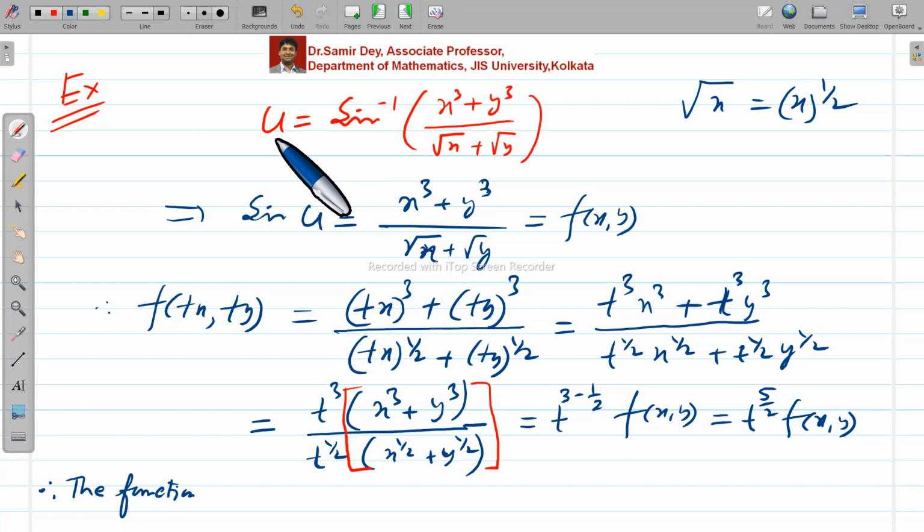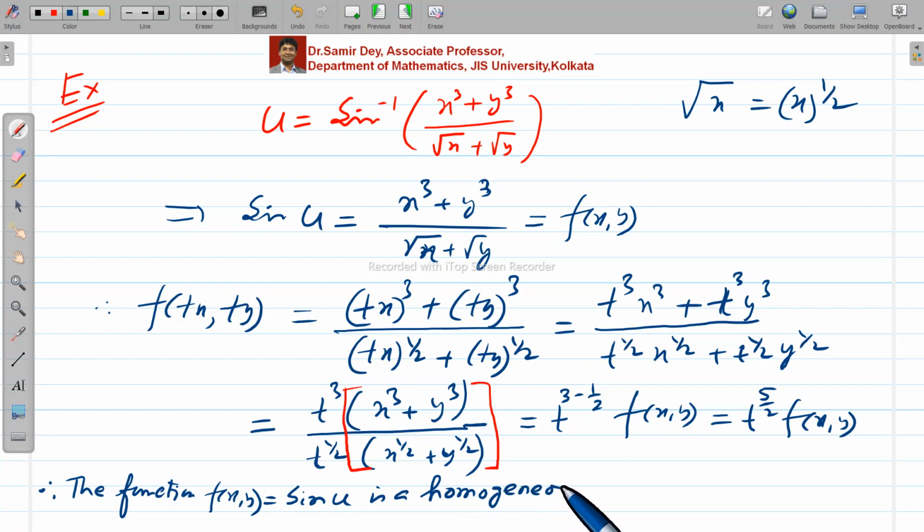Not u, because sine u is a function of x, y. The function f(x,y) equal to sine u is a homogeneous function of degree, how much?